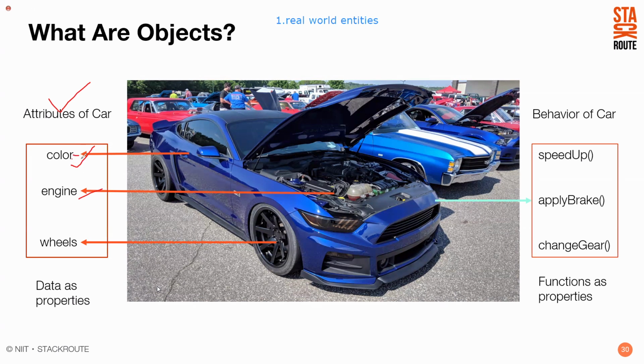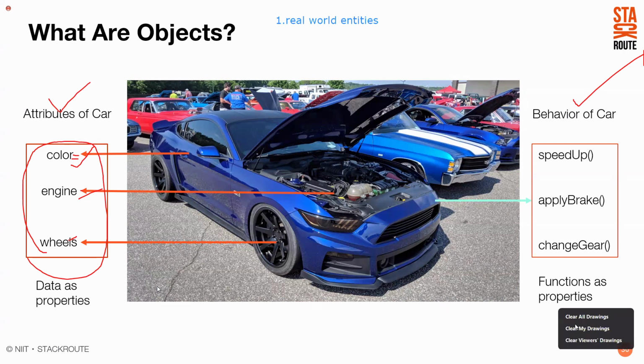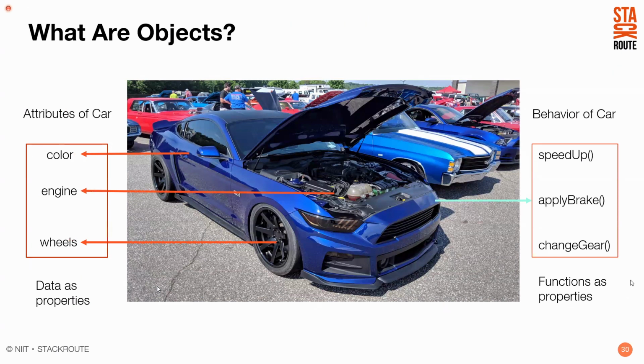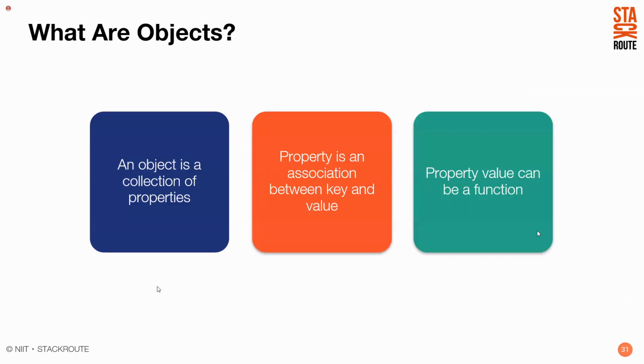I can give blue color, whatever the engine number, data I can provide with attributes. The behavior of a car, functions, can be provided with the help of the behavioral part. Those rules are applicable. Only thing is, here we are handling it as key value pairs.